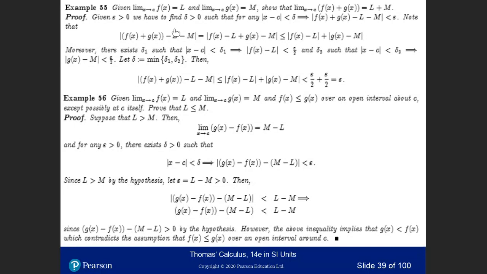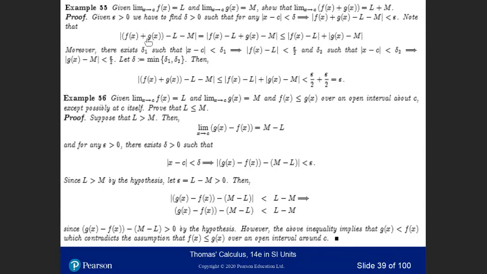So for any given epsilon, I have to find delta such that for all x in this interval except c itself, the absolute value of f of x plus g of x minus L minus M must be less than epsilon.